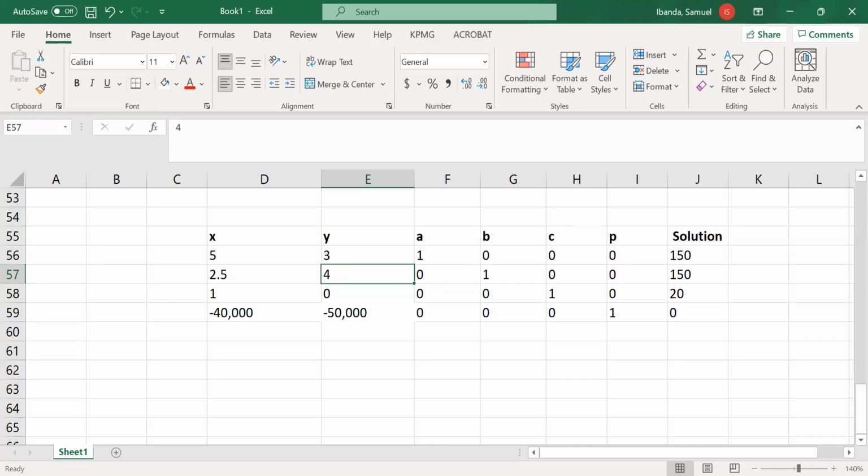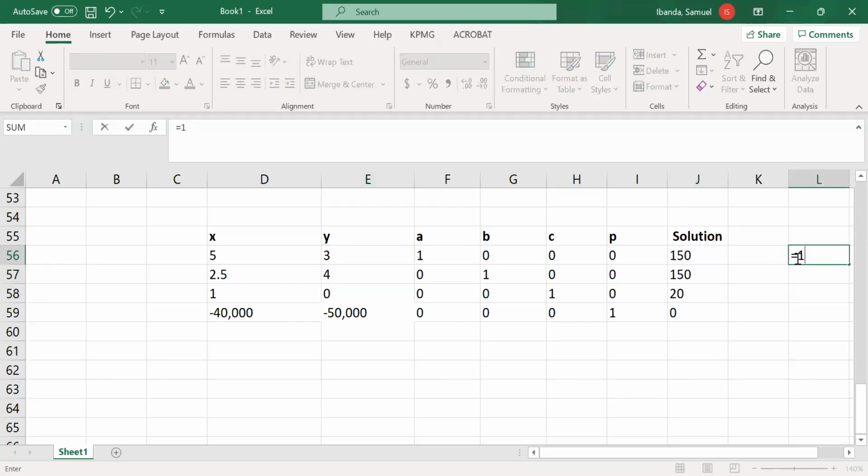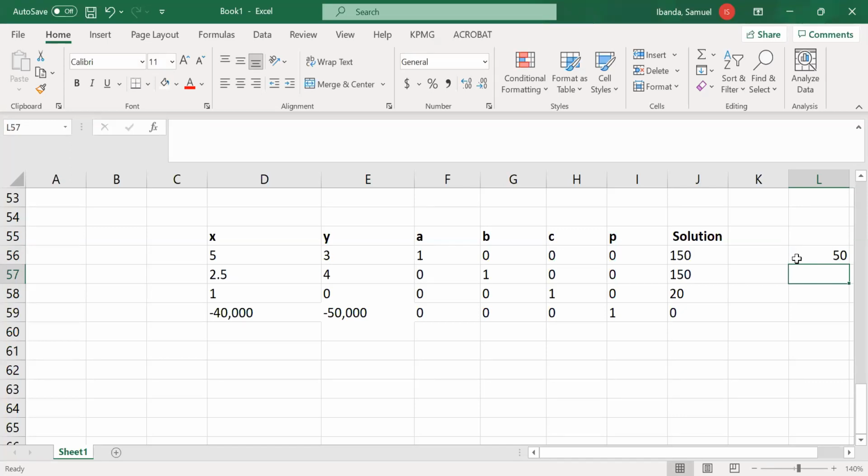Now, I want you to look critically. What we are going to do is divide the solution column by this column. 150 divided by 3 gives you 50. 150 divided by 4 gives you 37.5.